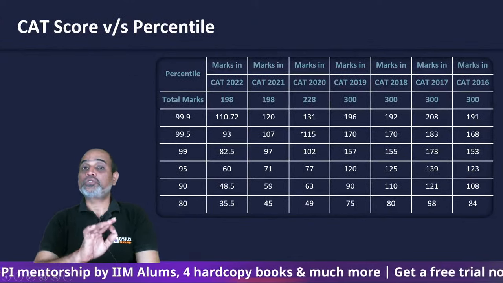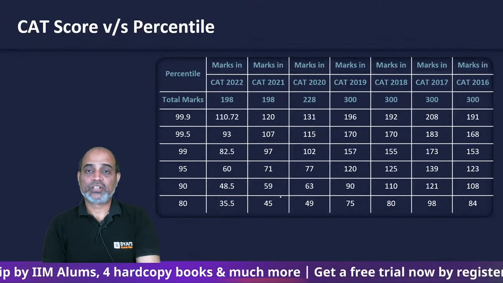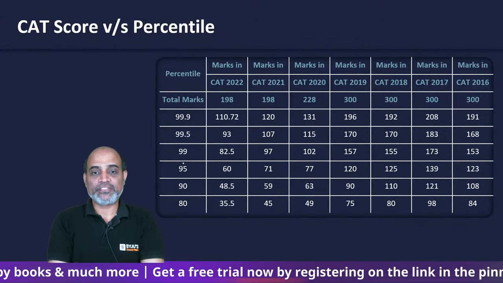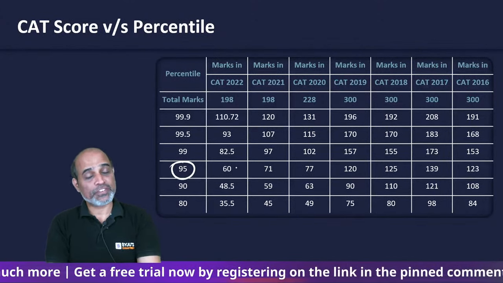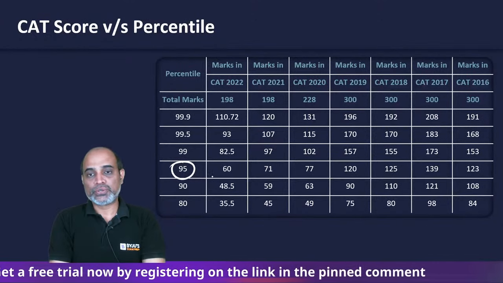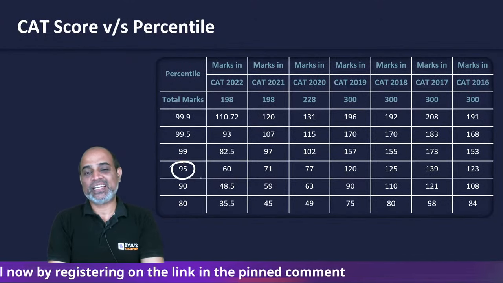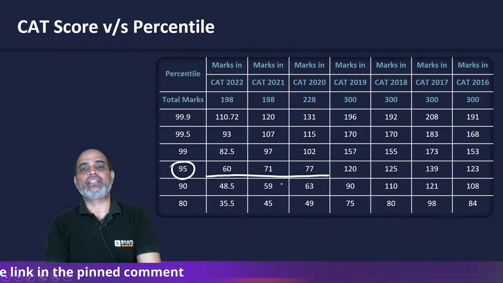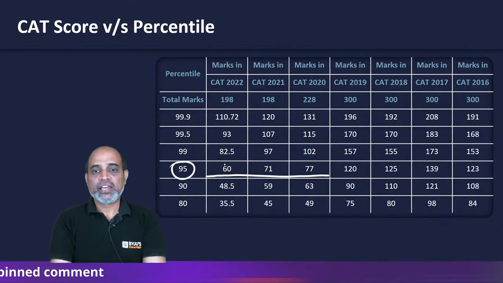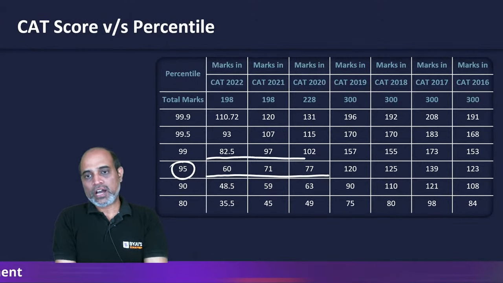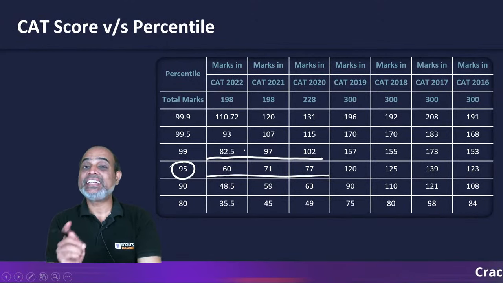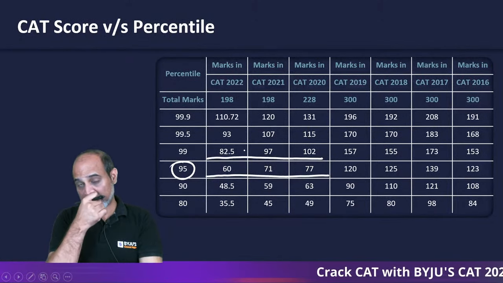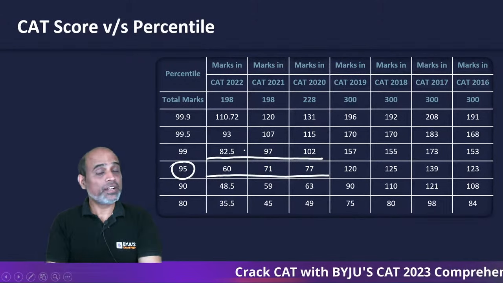If I talk about score versus percentile, for a 95 percentile and above, you need a score of 70 के आसपास. If I look at the last 3 years data, if you score around 100, in the 90s, if there are 66 questions, and if there are 76 questions, 102 marks.